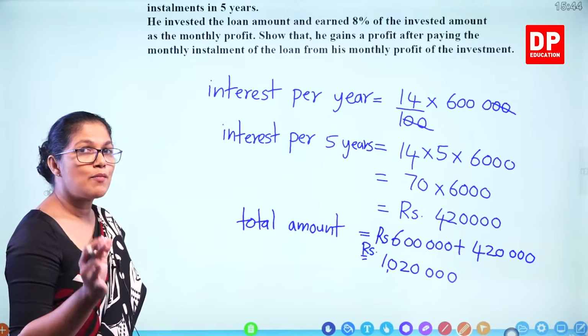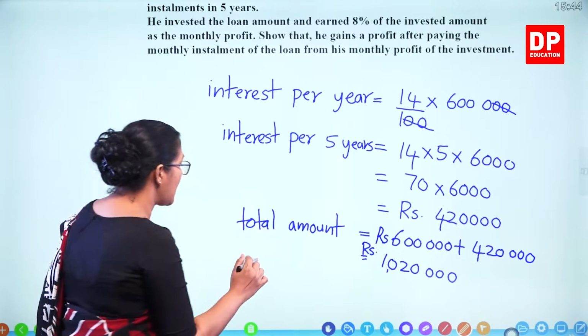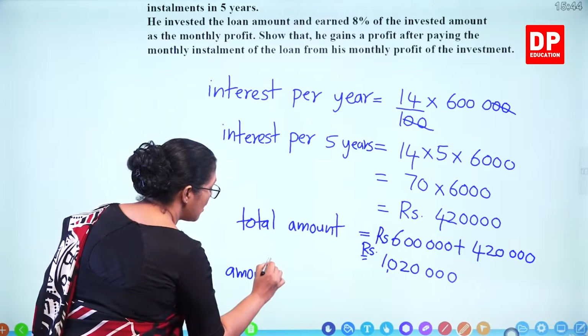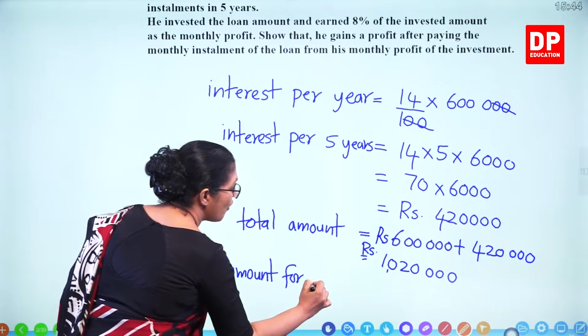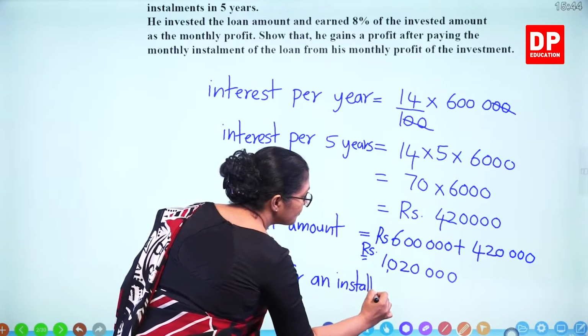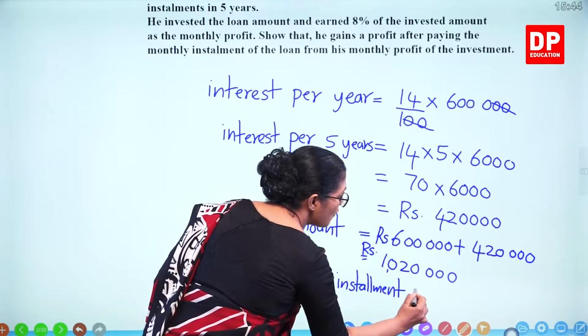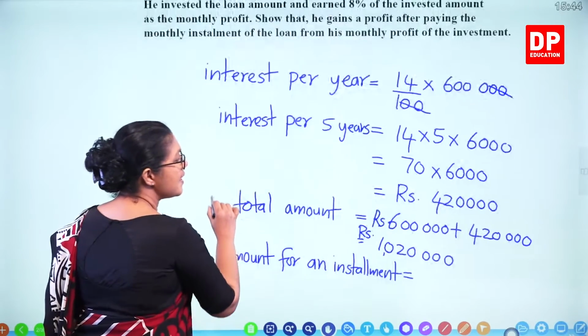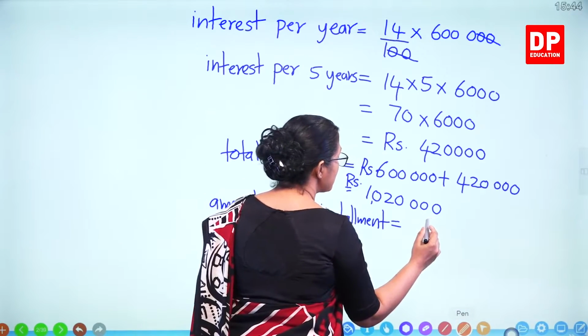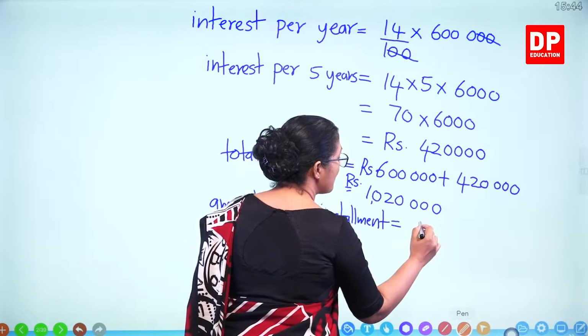So 5 times 12, 60 installments are there. So what's the amount for an installment? You have to divide this by 60 because in 5 years, 12 months are there, 12 times 5.